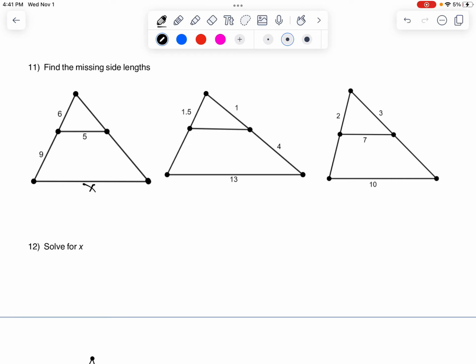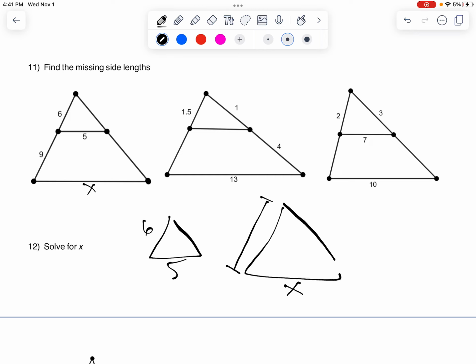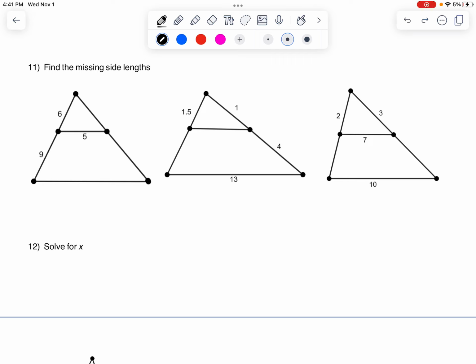This little triangle right here is 6 by 5. This big triangle is what by x? How long is that? Well, that is that length right there. That's 15. So it's 6 over 5 equals 15 over x. And from here, you're just going to cross multiply and get your answer. We're not going to go through the cross multiplying. You can do that on your own.